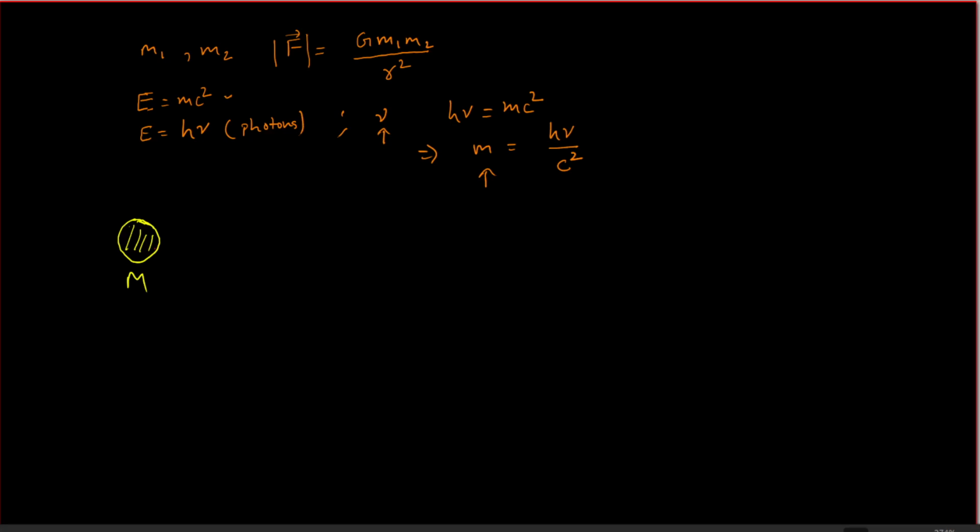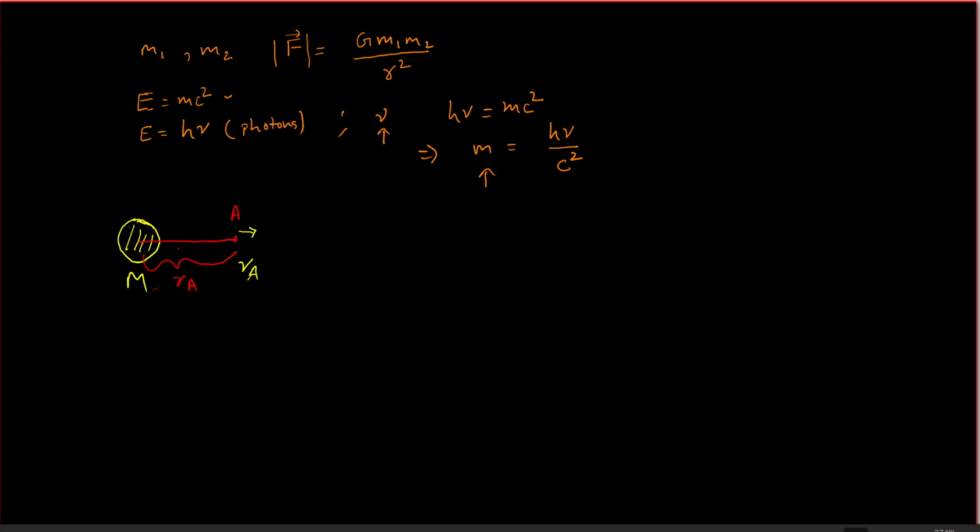At a point A, at a distance RA from its center, we have a photon of frequency nu A, which is moving radially in the outward direction.